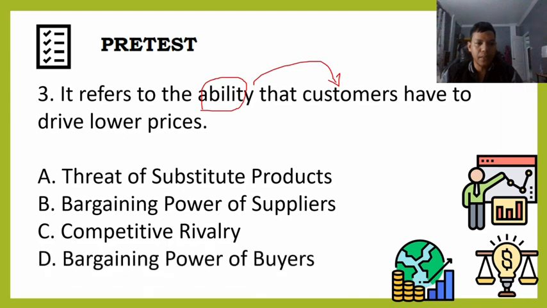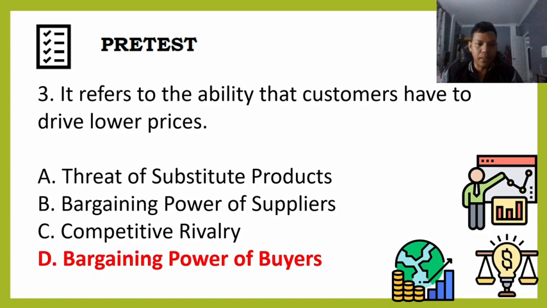Or D. Bargaining power of buyers. It means that the customers have the ability to drive the lower prices. So the answer for number 3 is letter D, bargaining power of buyers.